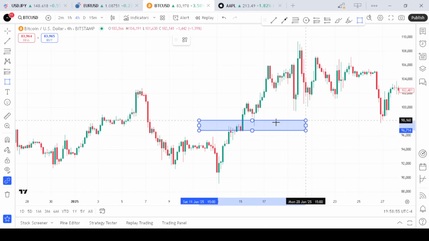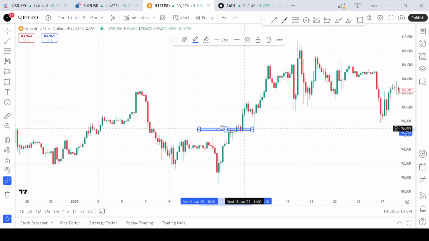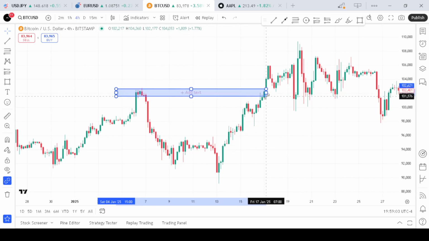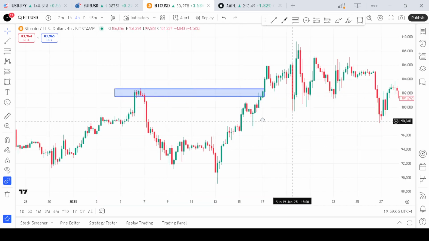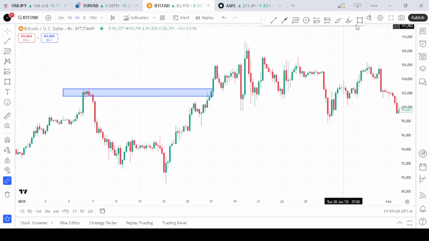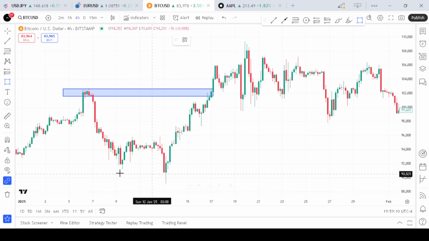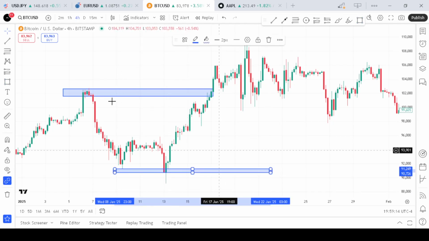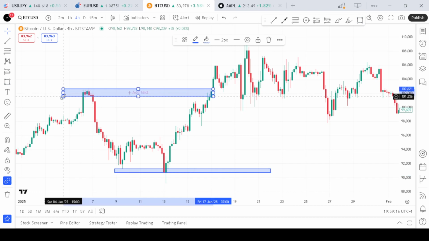So we are observing the price chart for both swing highs and lows on the Bitcoin chart on the 4 hour time frame, to mark out potential areas for support and resistance. These are both swing highs and swing lows that we are marking out on the chart.